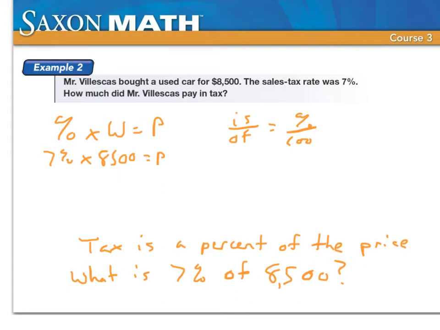Okay? So again, we don't leave 7% as a percentage. We need to write it as either a fraction or a decimal. So as a decimal, it's 0.07 times 8,500 equals our part. Now if we multiply these, I'm going to go up here in the right hand corner so I have a little room. I'm going to multiply 8,500 times 0.07.